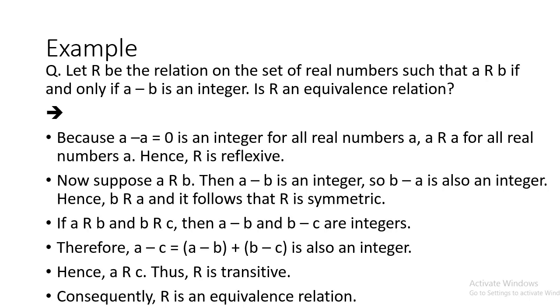Therefore a minus c is equal to a minus b plus b minus c. It is also an integer, so a is related to c. Thus R is transitive. So consequently we can say that R is an equivalence relation because the reflexive, symmetric and transitive properties are all satisfied here. That's why the relation R is an equivalence relation.